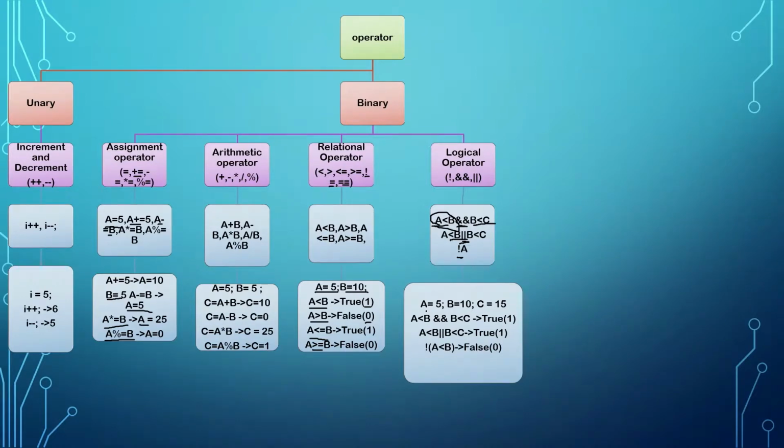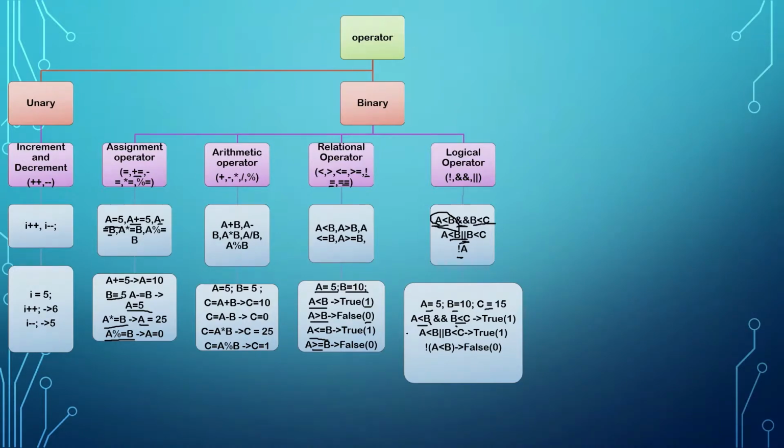Here is an example: A equal to 5, B equal to 10, C equal to 15. We are comparing A less than B and B less than C. Yes, B is greater than A and B is less than C. Both the conditions are 1, so the AND operation is 1 and 1, and it returns the value true.